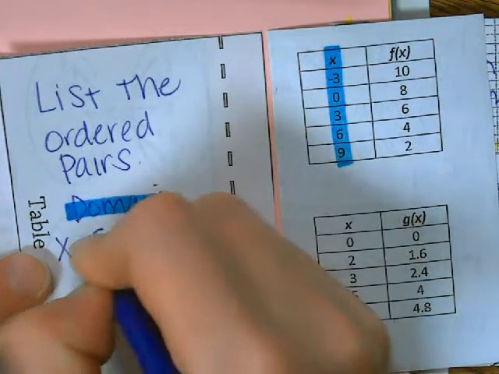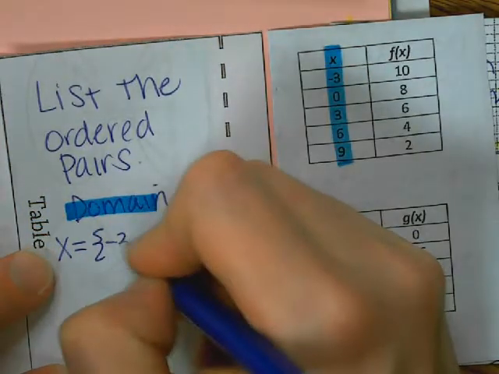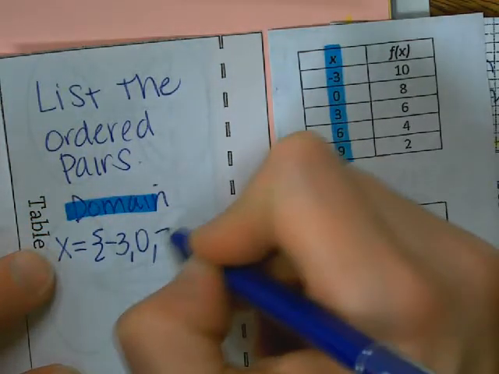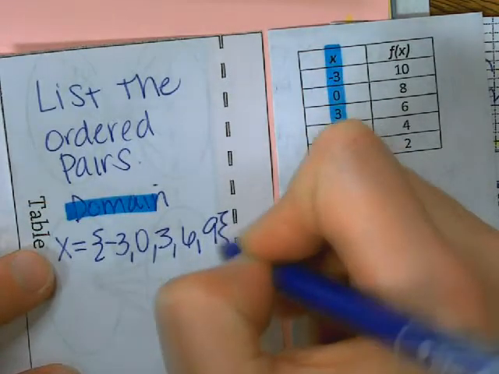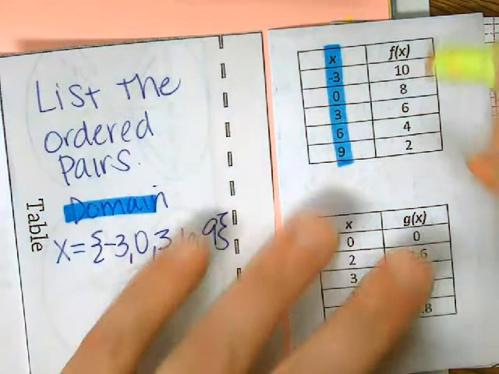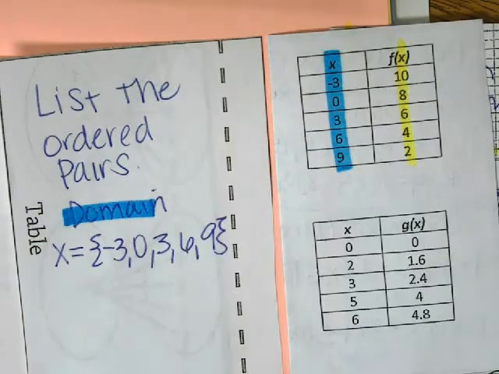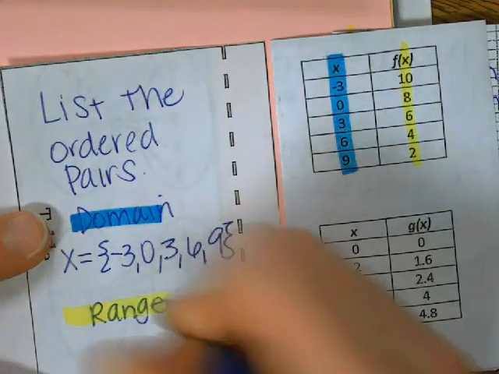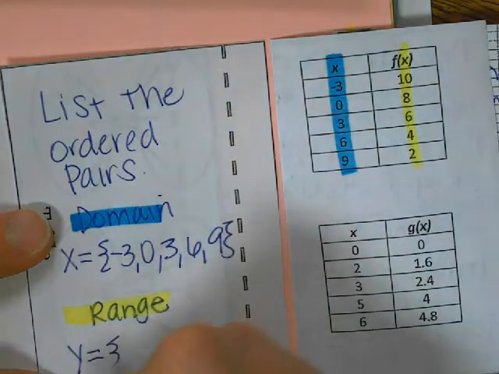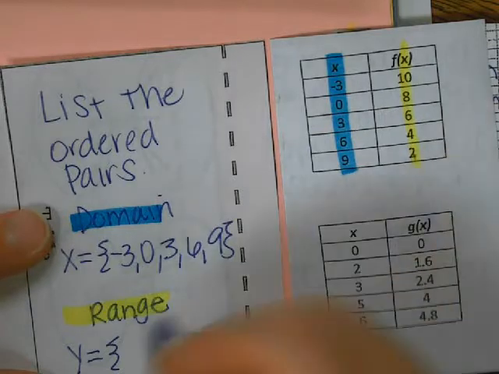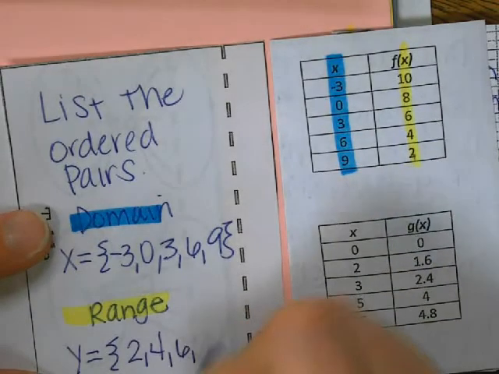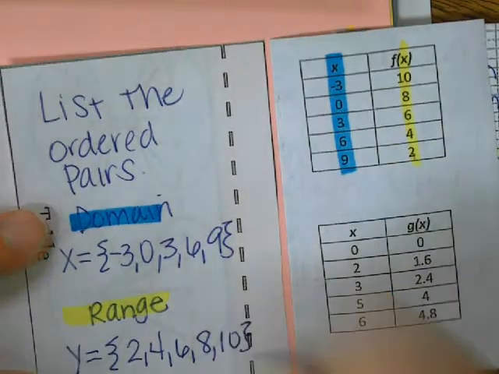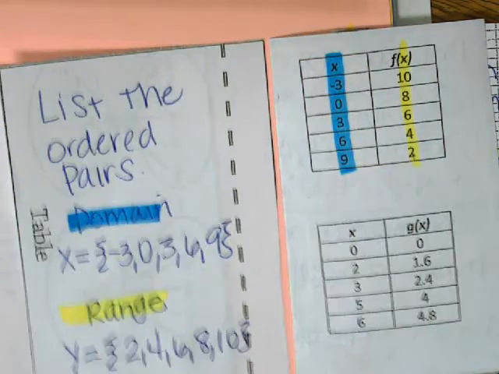So we say x equals squiggly line, -3, 0, 3, 6, and 9. And then we say y equals, remember f of x is just a fancy way of saying y, so that's my domain. So that's my range. So y equals, and then we just go in order, 2, 4, 6, 8, 10. Okay, easy enough.